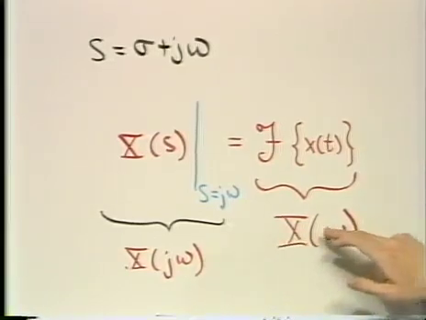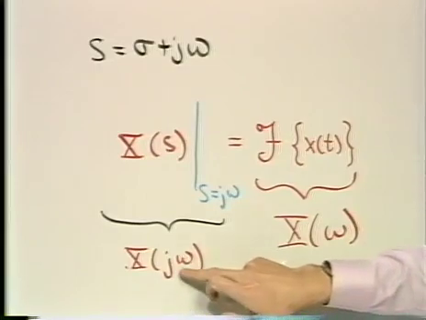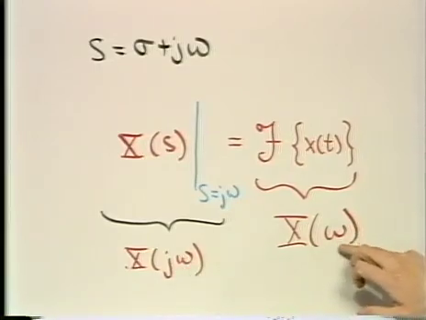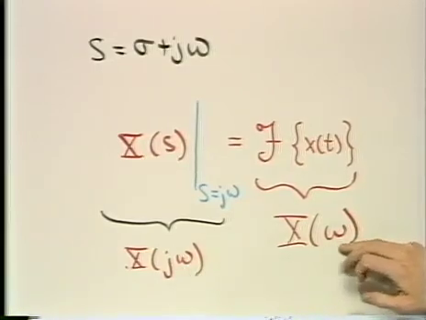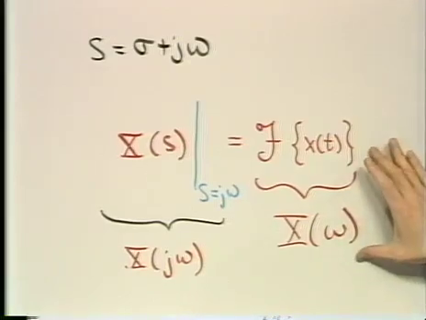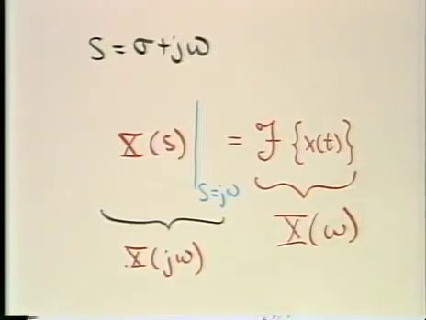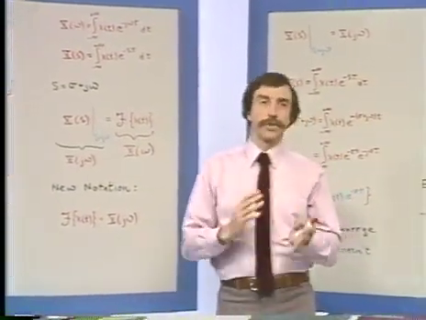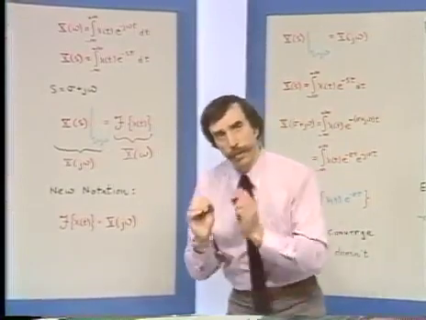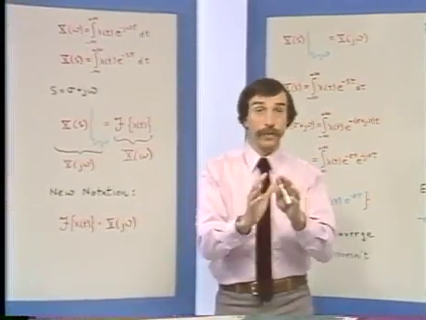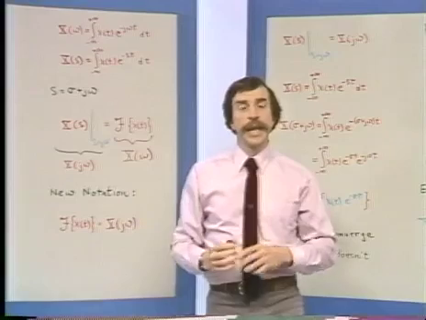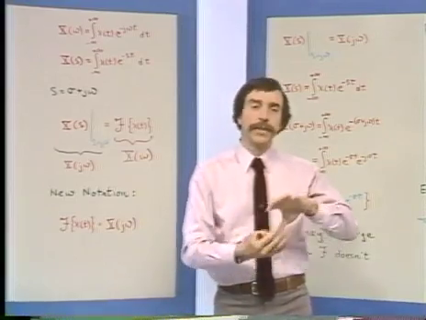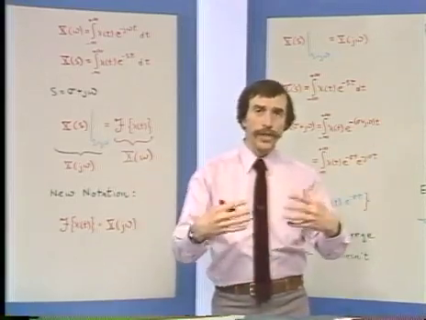Well, there's a slight awkwardness here, because here we're talking about an argument j omega, here we're talking about an argument omega, and a very straightforward way of dealing with that is to simply change our notation for the Fourier transform, recognizing that the Fourier transform, of course, is a function of omega, but it's also, in fact, a function of j omega. And if we write it that way, then the two notations come together.